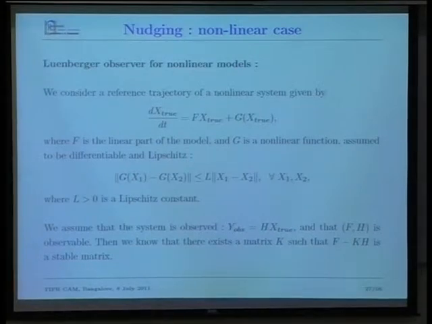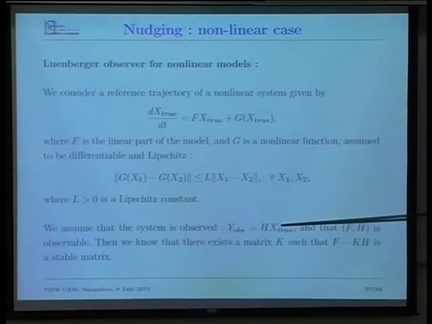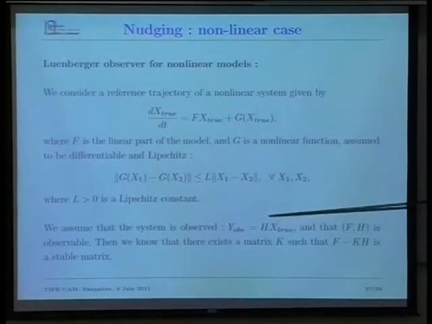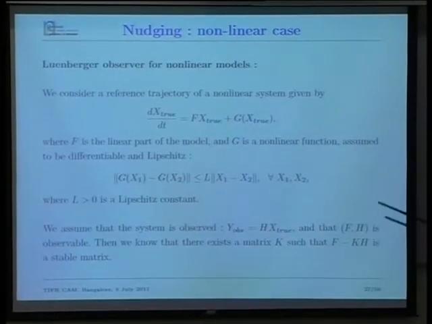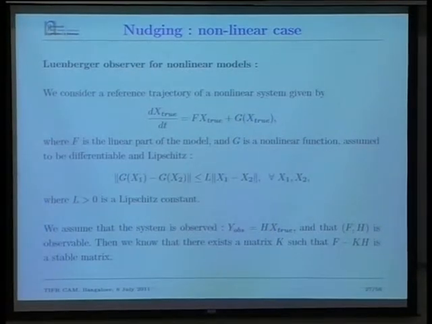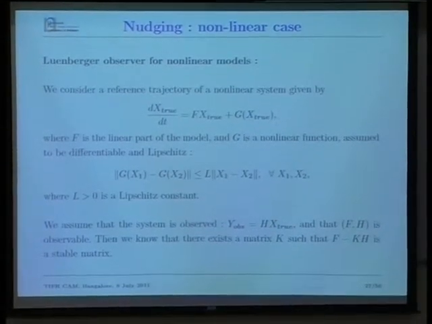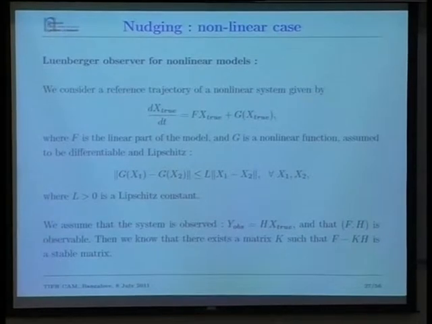So we still assume that the system is observed like that. You observe the true state through the observation operator H, and we assume that (F, H) is observable, only the linear part. Then we know that we can stabilize F. We know that we can find K such that F minus KH is stable.